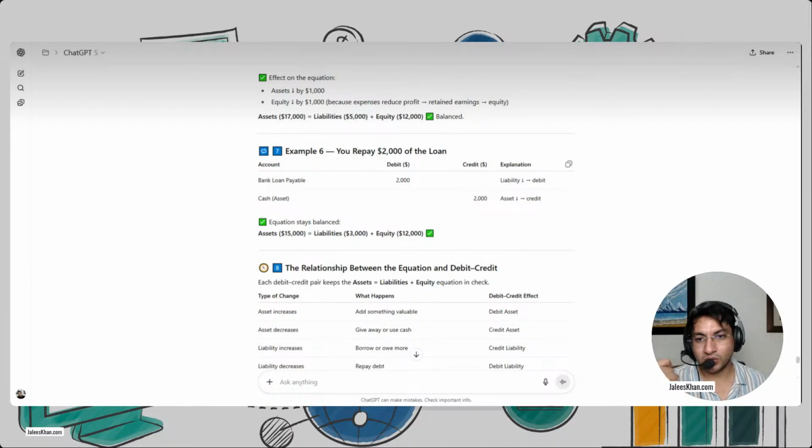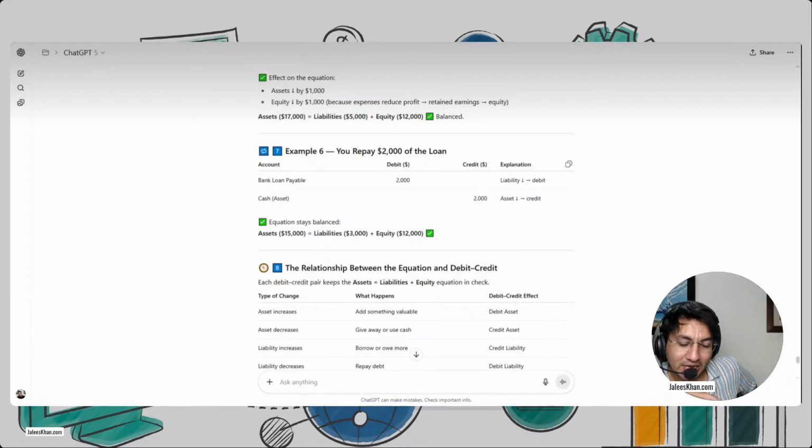So it is going to reduce my liability and also reduce my assets as well, because I am paying it from my reserve of my business.